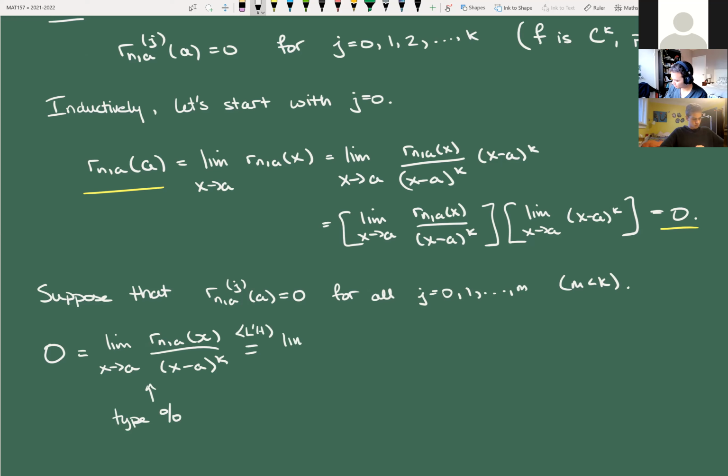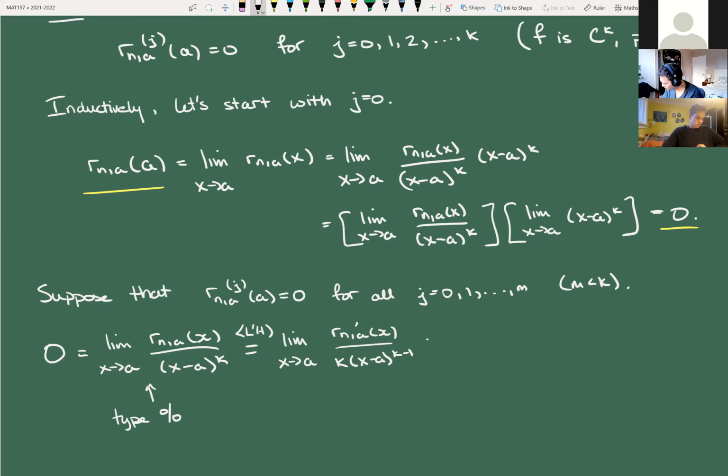All right, that was the last thing that we talked about on Thursday. Right, and this thing again is type 0 over 0, right? Because by our induction hypothesis, we've assumed that all the derivatives up to m are 0 at our limit point, right? And the denominator (x minus a) to the power of k minus 1 also is approaching 0.